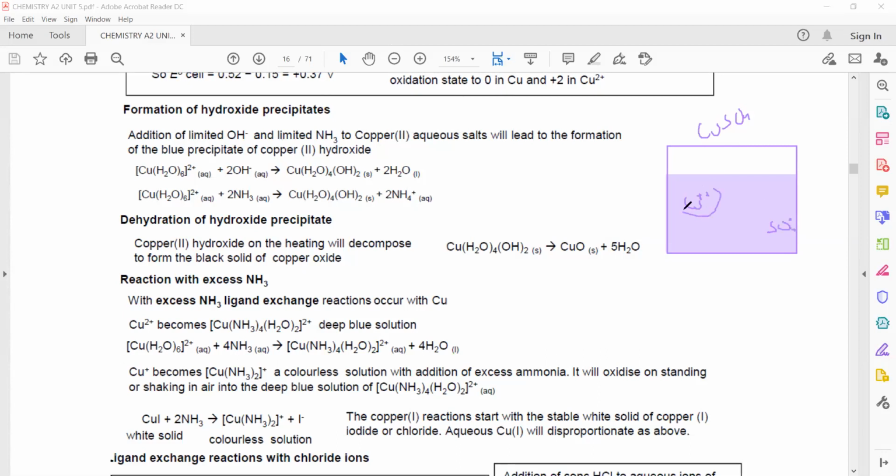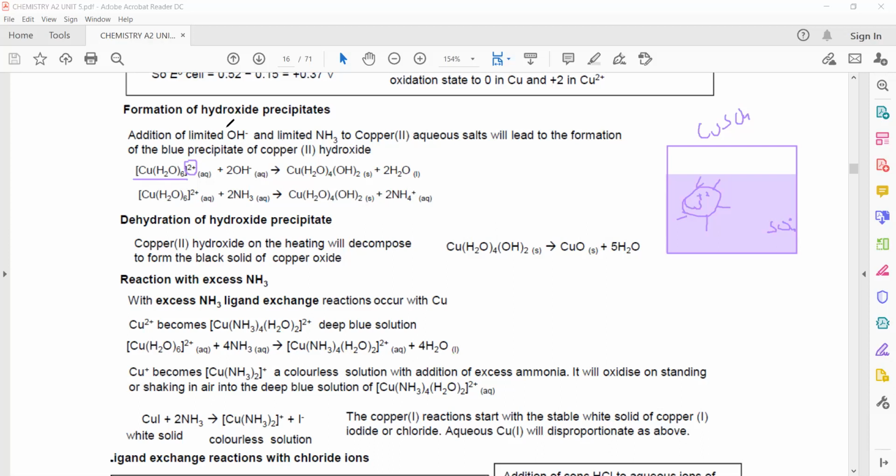How do these copper ions exist in the solution? The copper ions exist as a complex, meaning each copper ion is surrounded by 6 water molecules through dative bonds, and this is a complex of copper. Because there is a charge on the complex, it means the complex will remain in the solution, or it will be soluble.